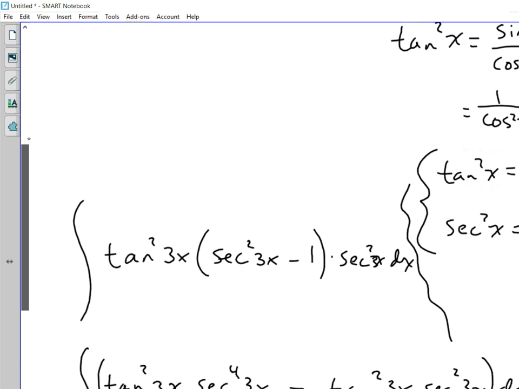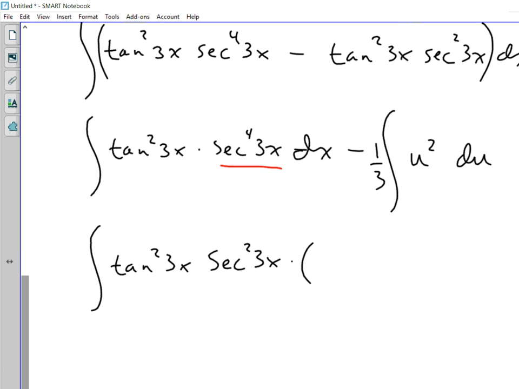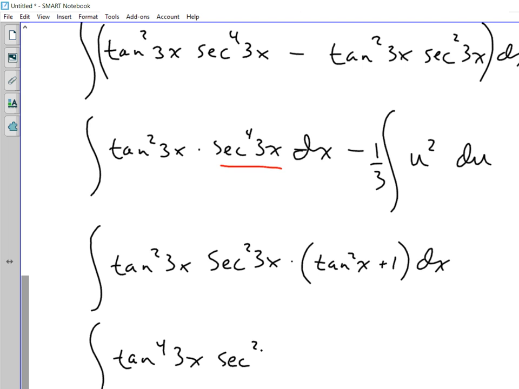So, remembering your identities, secant squared is tangent squared x plus 1. And you see now, when I distribute everywhere, I'm going to have what I like. That's tangent to the fourth 3x, secant squared 3x, which was a u-sub, plus tangent squared 3x, secant squared 3x dx.